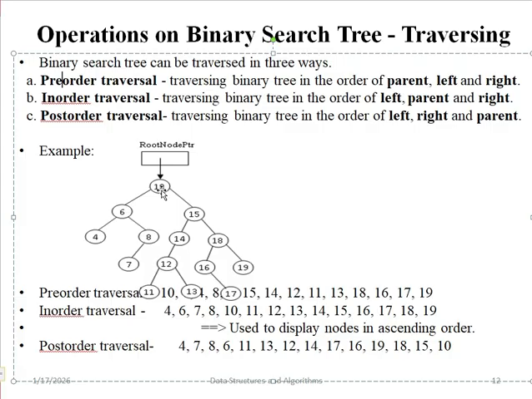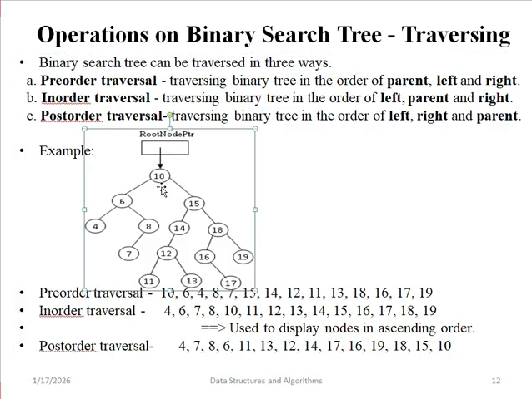So here the pre-order will display first 10, then on the left it is 6, it is a parent, so we should display it. Then from the parent we move to the left, and at the left side we don't have any node under 4, so we can just display this 4.